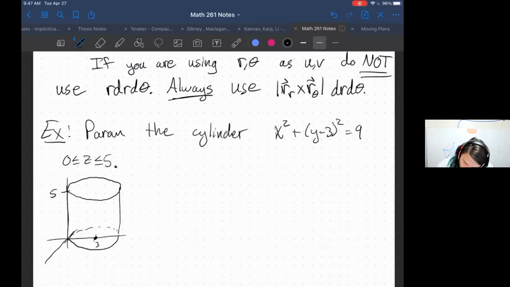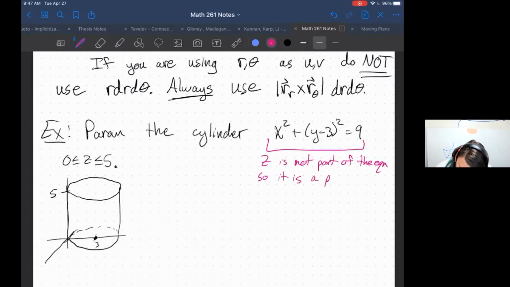One thing to notice here is that z is not part of the equation. So it is a parameter, or at least it's going to lead us to one of the parameters. This isn't a fully honest sentence, but it gets us thinking in the right direction.